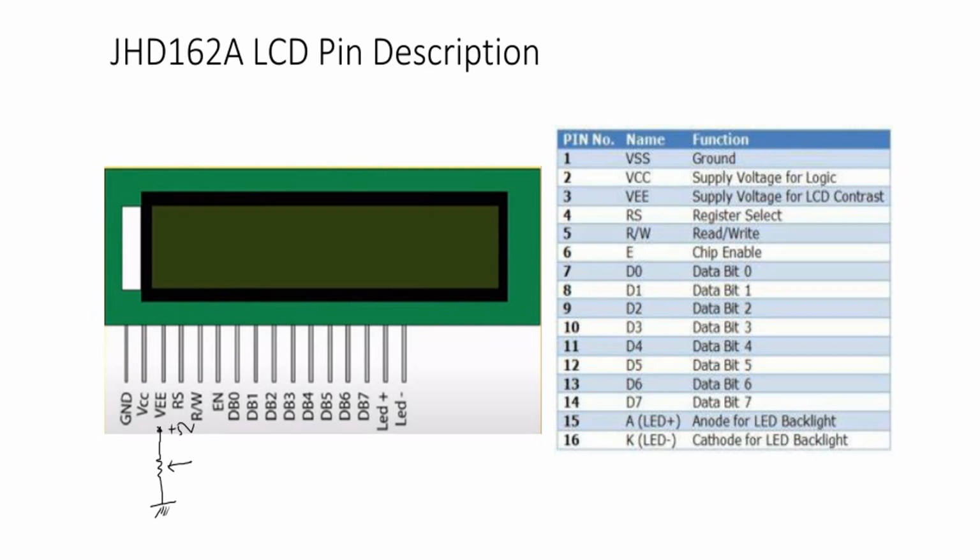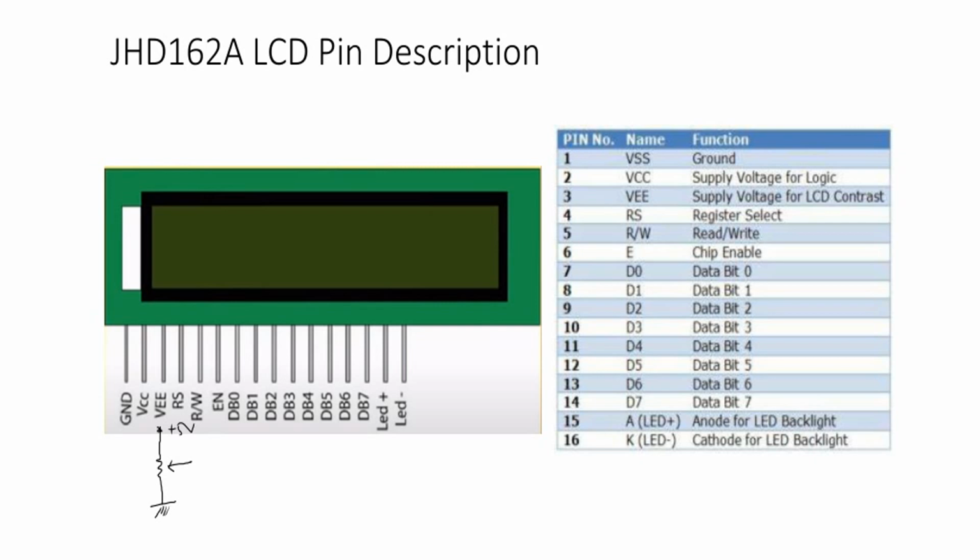RS is the register select, which selects which lines you want to use. There is a read and write pin, so that you can write on the LCD, or check the status of the LCD. Enable means if it is 1, the LCD will work, otherwise it will not work, and these are the data lines.